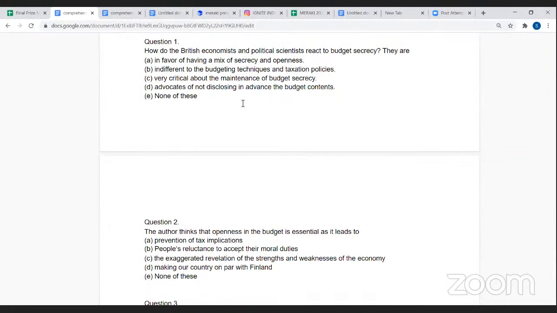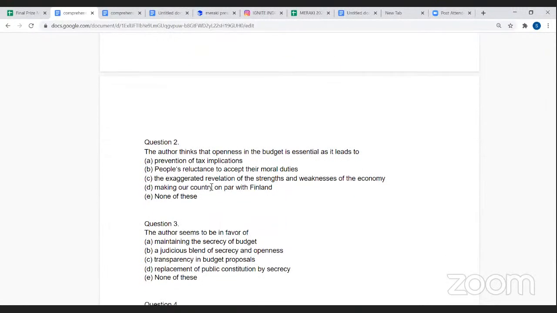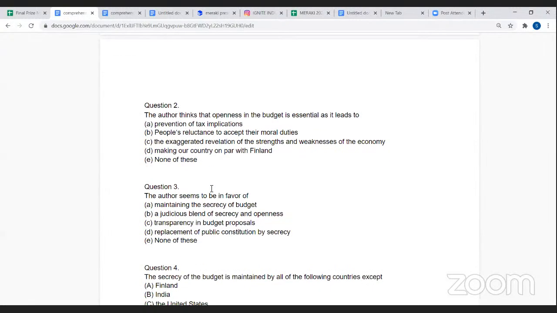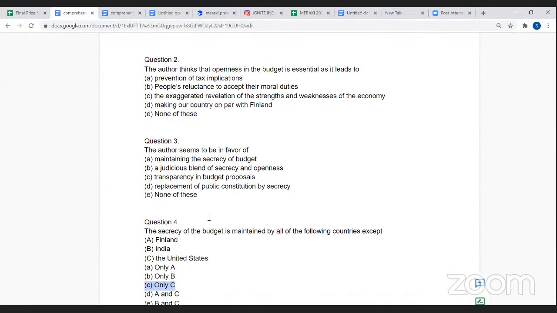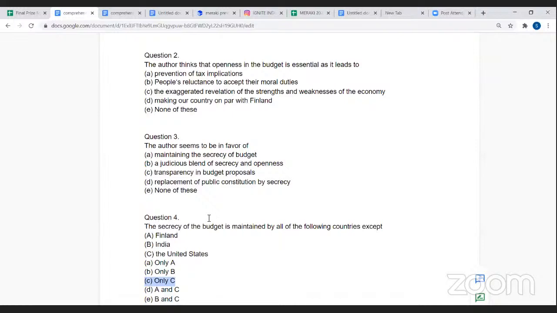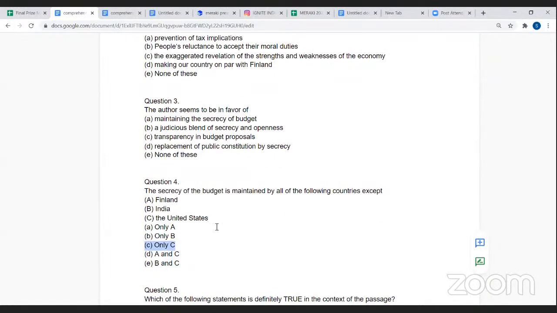Wait. What is A and C? Oh, it'll be the opposite. The United States secret. Option D is correct. A and C, Finland and the United States.